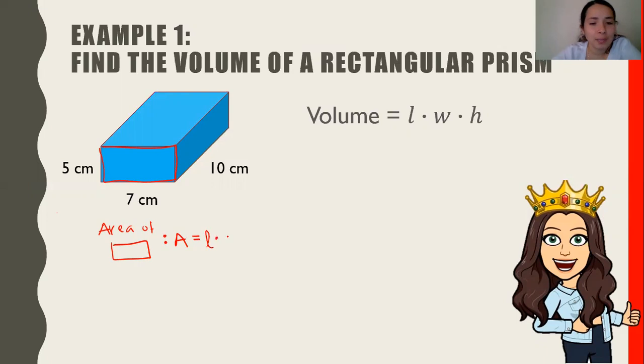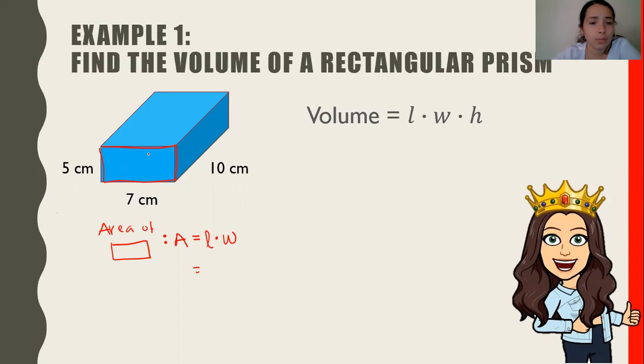Do you guys remember how to find the area of a rectangle? It's one of the ones that we covered maybe 2 or 3 classes ago. To find the area of a rectangle, you multiply length times width. So what's the length of this rectangle?